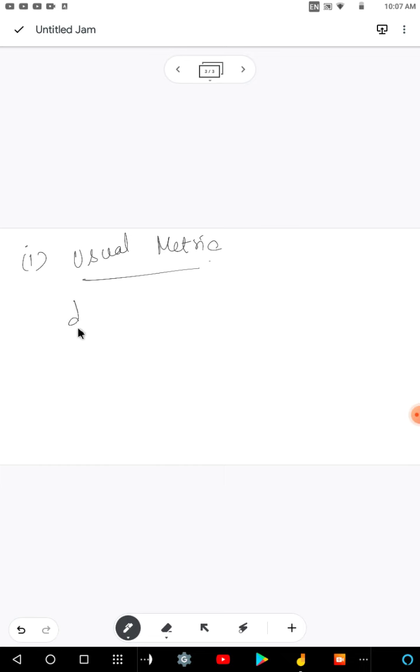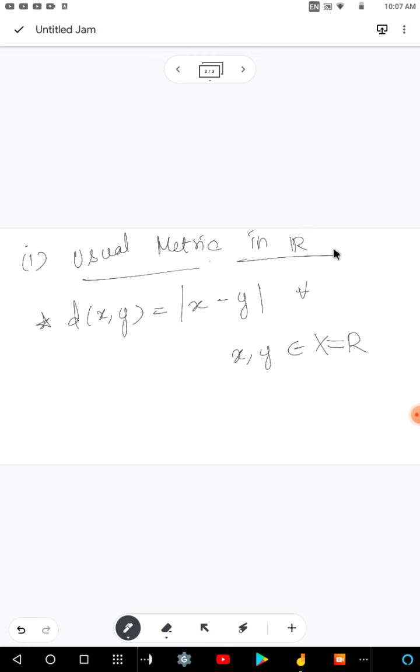The usual metric is nothing but modulus of x minus y for every x, y belongs to R. Here my set is R, so the usual metric on R. You can talk about metric only in the reals, correct? So let's check whether it is a metric.